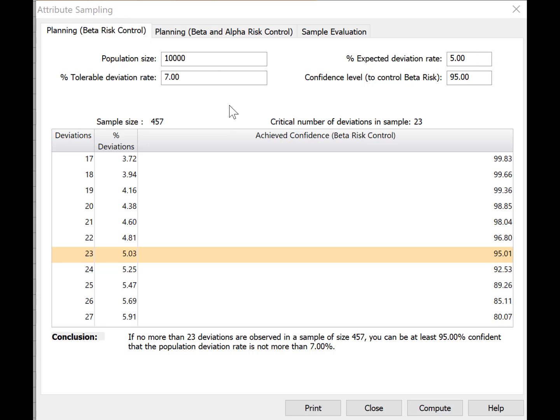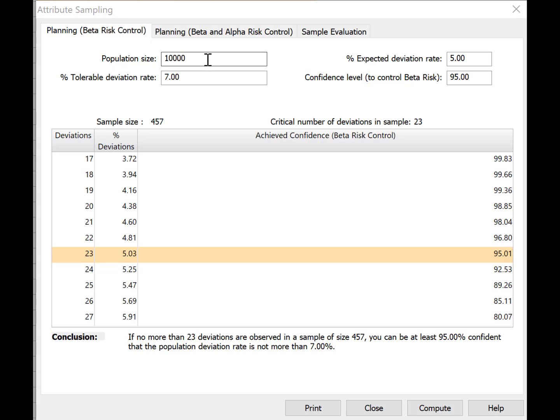Based upon these variables, we see a sample size of 457. The conclusion is if no more than 23 deviations are observed in a sample of 457, you can be at least 95% confident that the population deviation is not more than 7%.